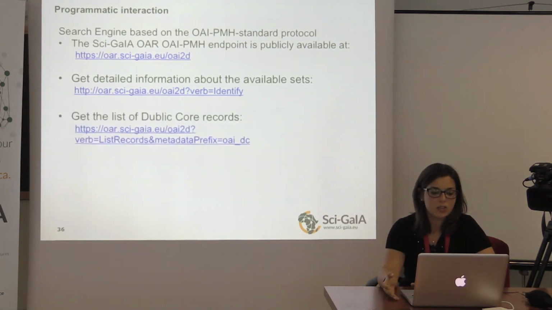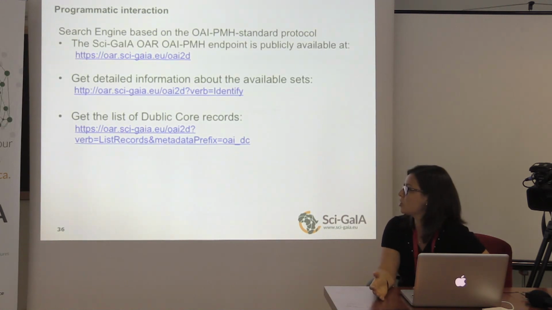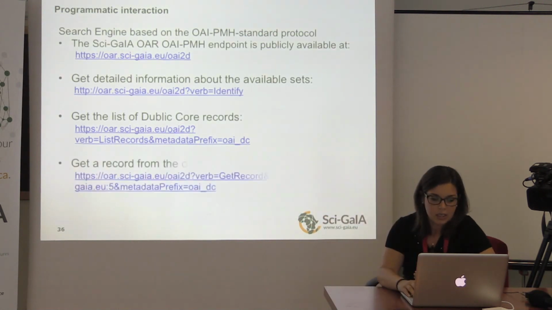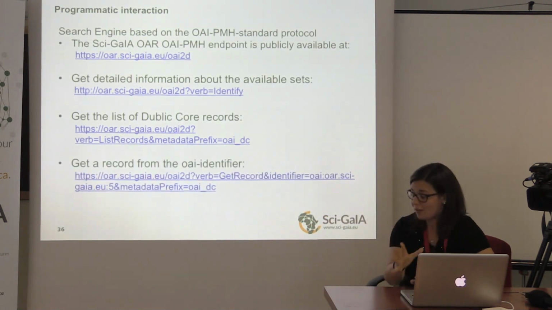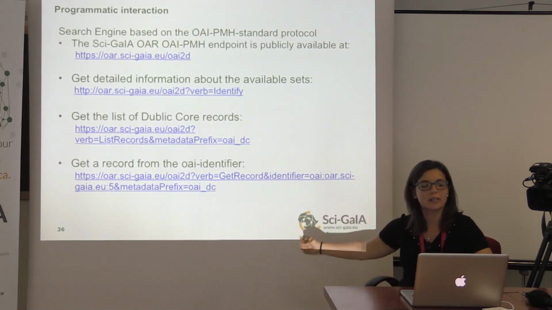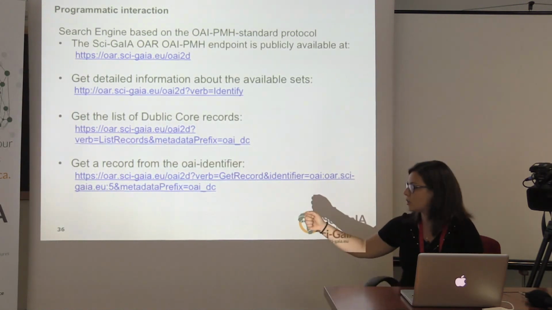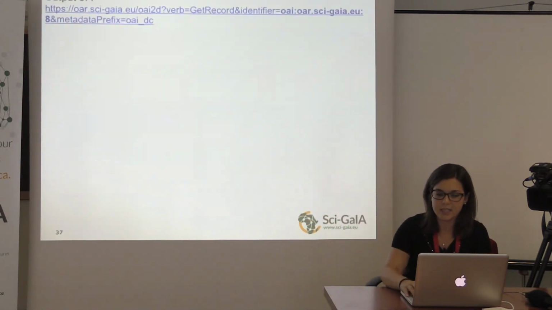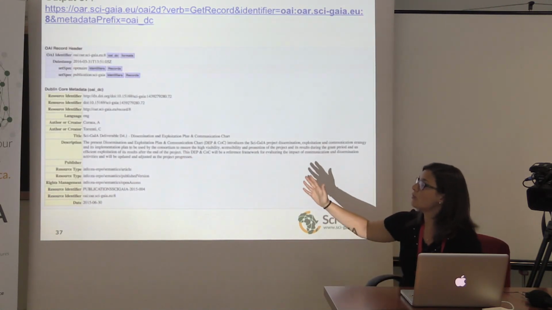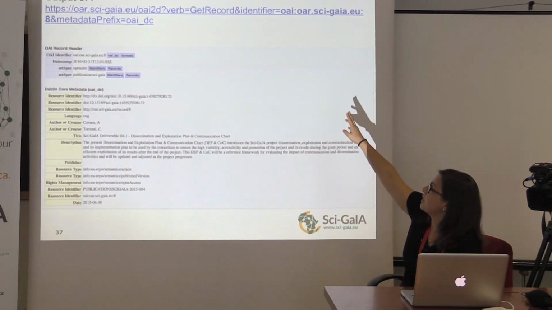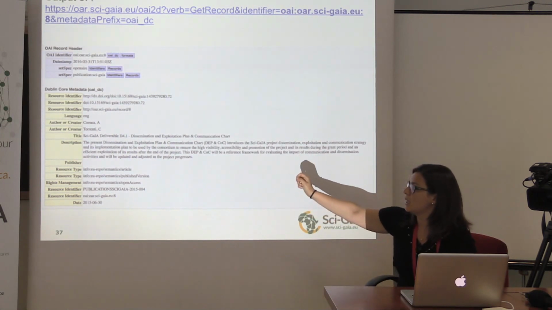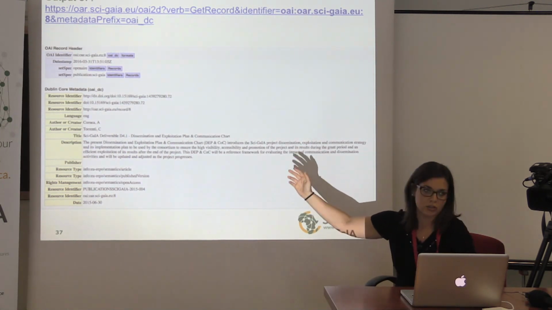You can list all the records in Dublin Core format using this request. If you have an OAI identifier, you can retrieve all information of a record using this request. And this is an example of the output, where the system shows all the Dublin Core metadata of the resource with a given OAI identifier.